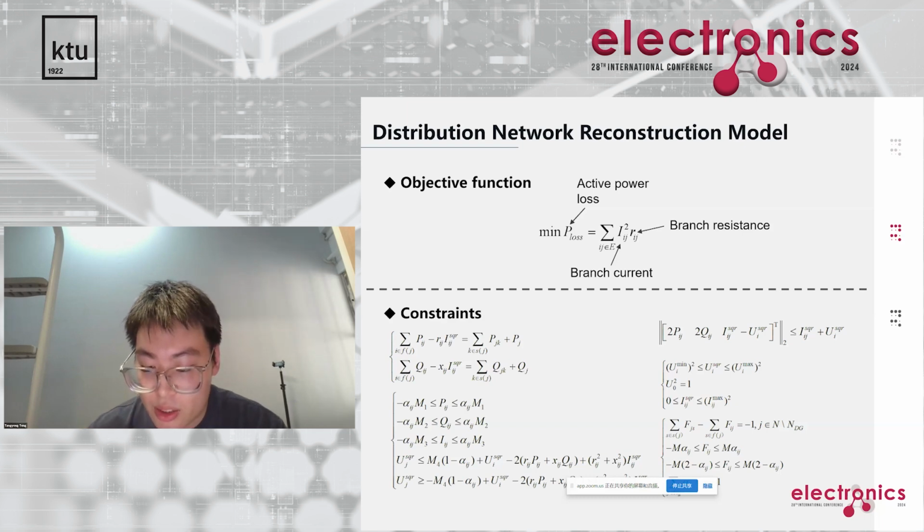Secondly, we use second-order cone relaxation, a technique for handling non-linear constraints. It transforms the non-linear constraints of power flow into a more easily solvable linear form.